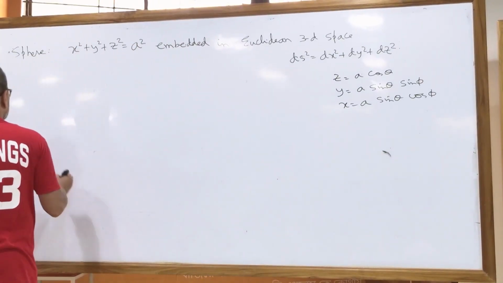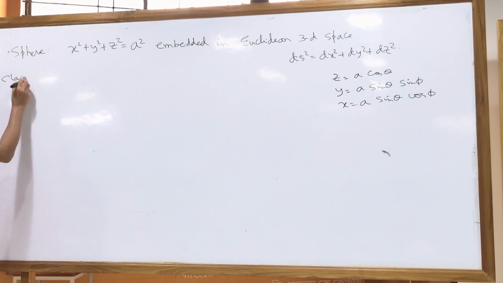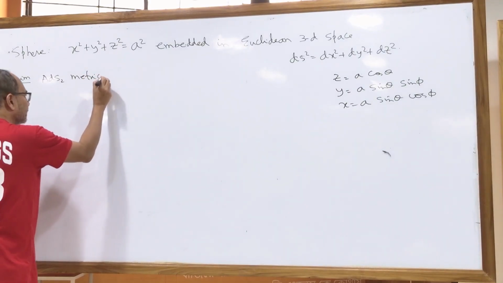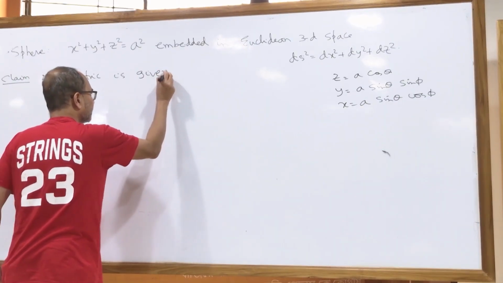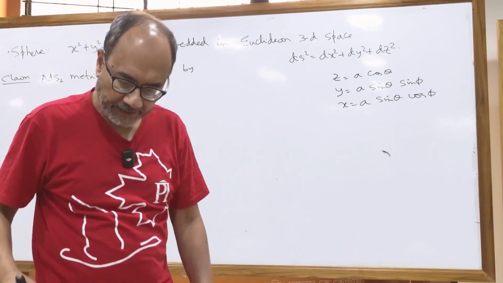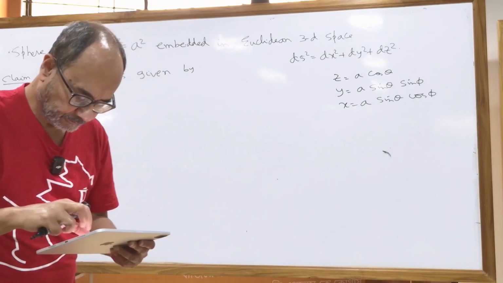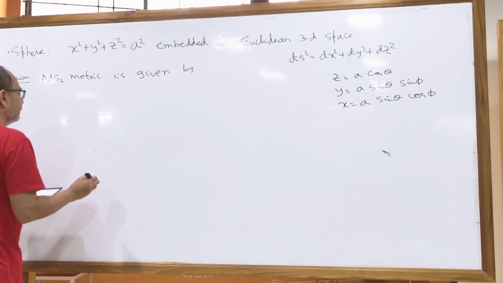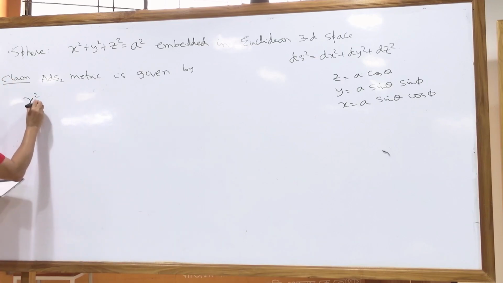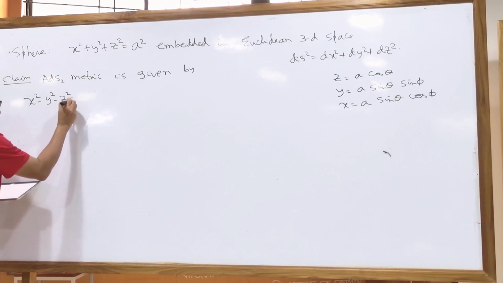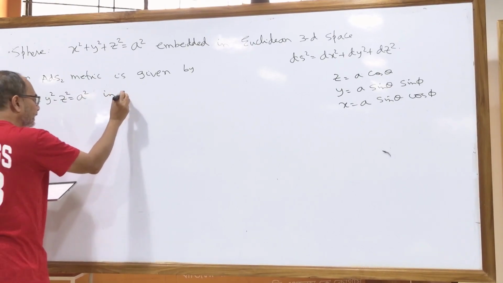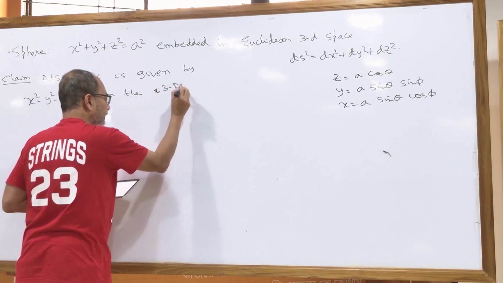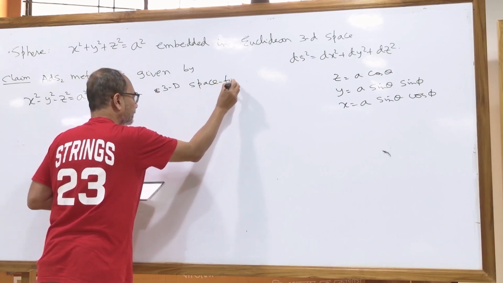The claim, which I'll leave to you to verify, is that the AdS2 metric is given by the surface, let me get the signs right, by taking x square minus y square minus z square equal to a square in the 3D space, with metric.